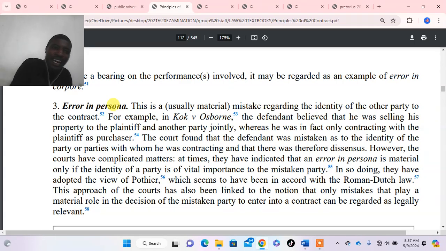Error in persona is in the book, and there's the case of Cooke versus Oxborne, which we all know. Error in persona is the mistake regarding the identity of the other party to the contract. So there was a mistake regarding identity in that case. You start here and give the case of Cooke versus Oxborne. Then we proceed to answer the question.